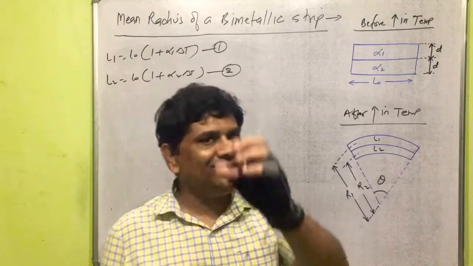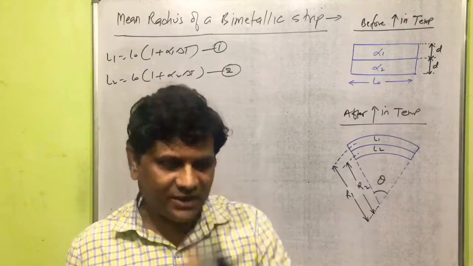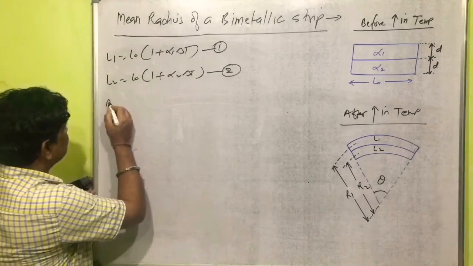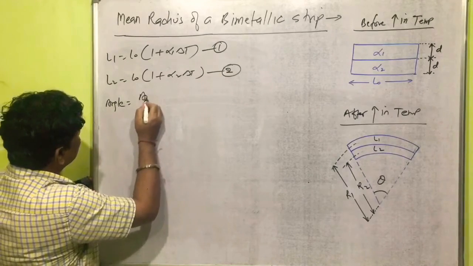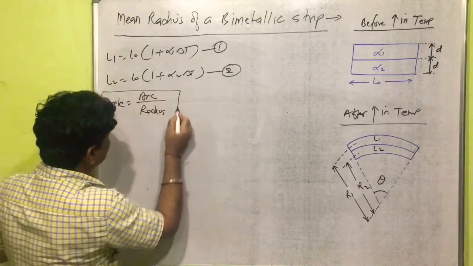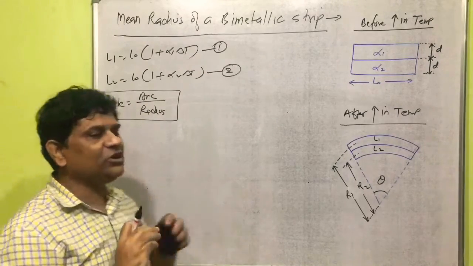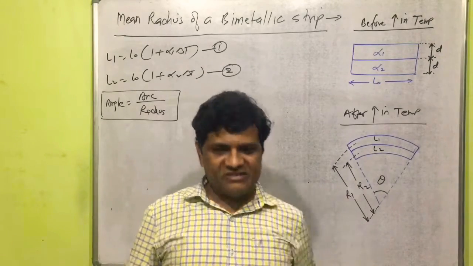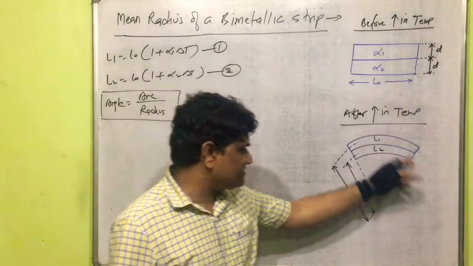Now, angle is equal to arc upon radius. This relation will now be helpful to develop two more relations with the help of this diagram.